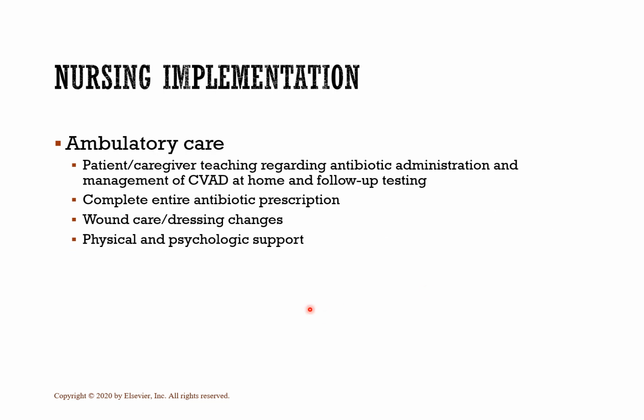And then under the ambulatory care, so management of their CVAD devices at home and follow-up testing, making sure that they're understanding the entire antibiotic prescription. We have the wound care and dressing changes, and then we're continuing to provide physical and emotional support to the patient.